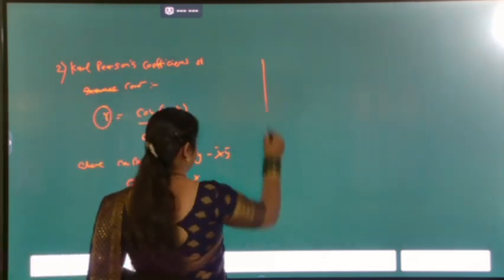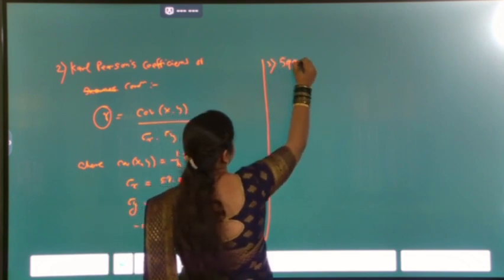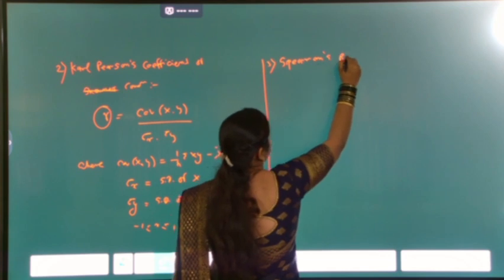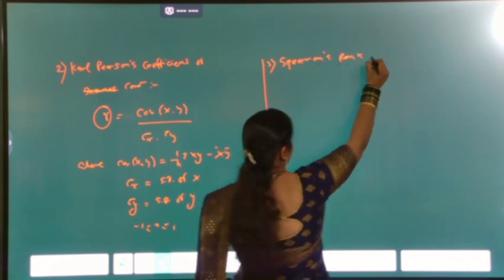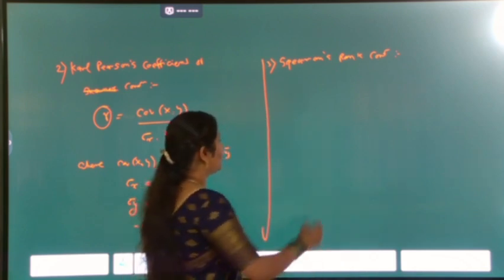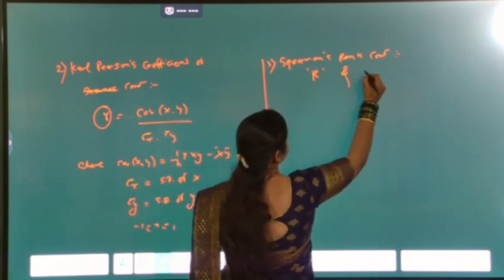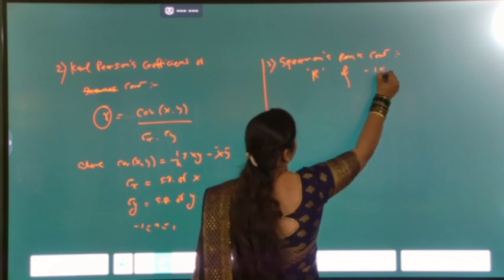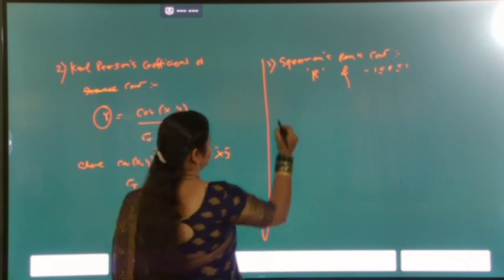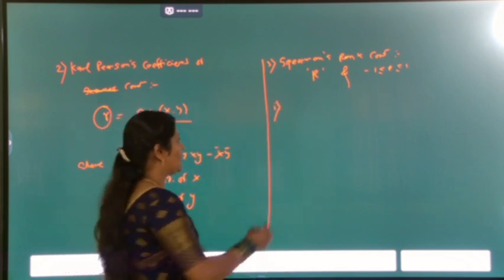Then last method, Spearman's rank correlation coefficient, which is denoted by capital R, and which also lies between -1 and 1. There are two cases.